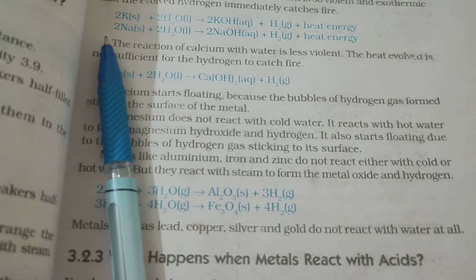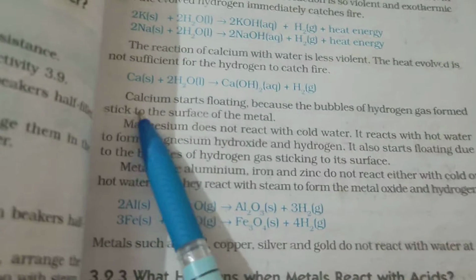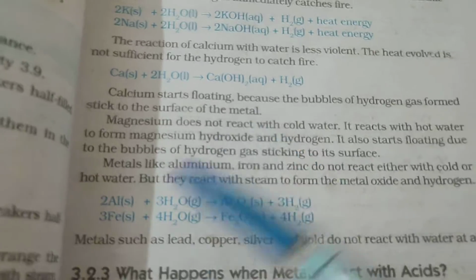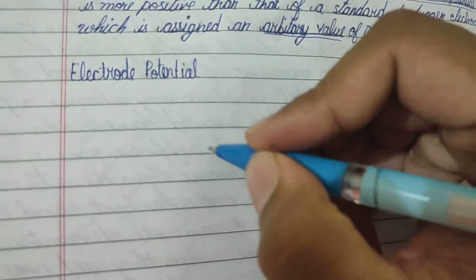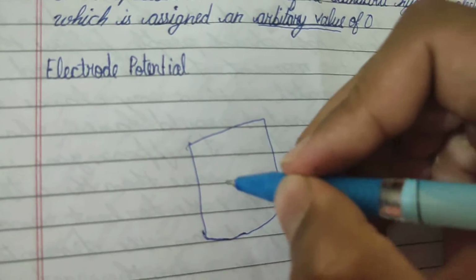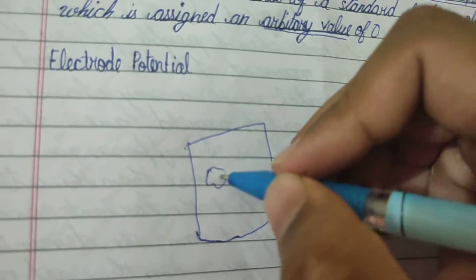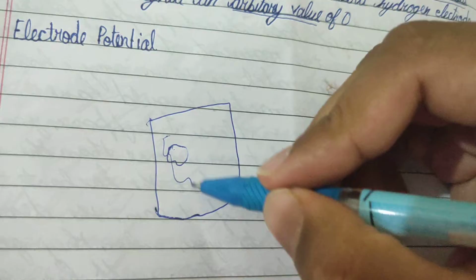Calcium starts floating because the bubbles of hydrogen gas formed stick to the surface of the metal. The reaction is somewhat like this. This is a beaker full of water, right? We put calcium into it, and there's water all around.